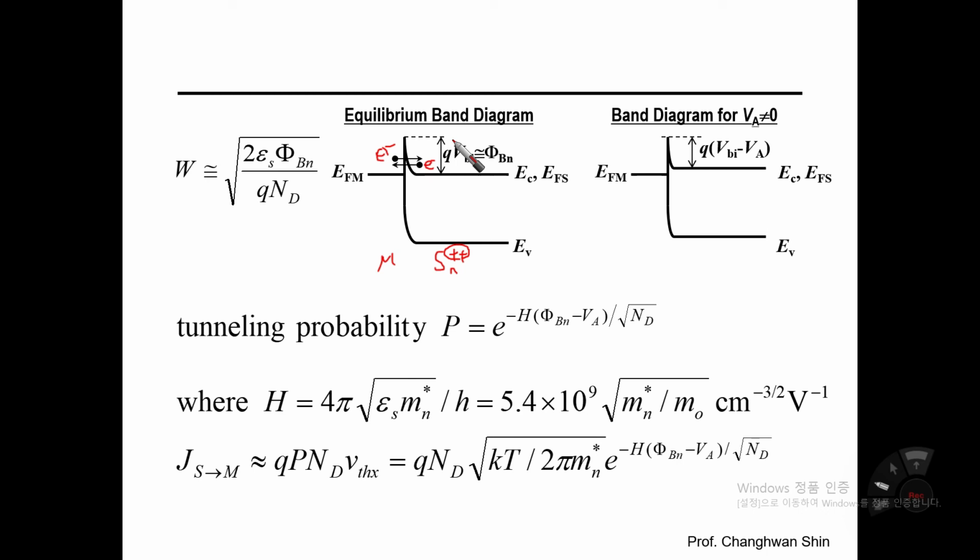In the last clip, we learned that the current density is proportional to the unit charge times carrier concentration times velocity. But in this case, one more additional term, the tunneling probability, has been included in deriving the current density from semiconductor to metal. Other than that, everything is very similar.